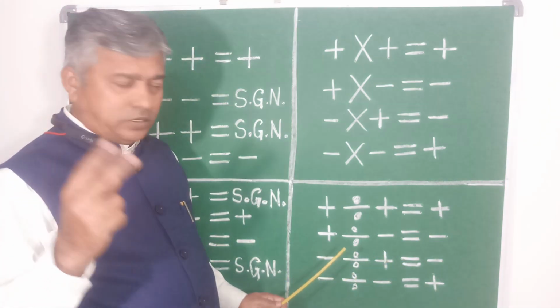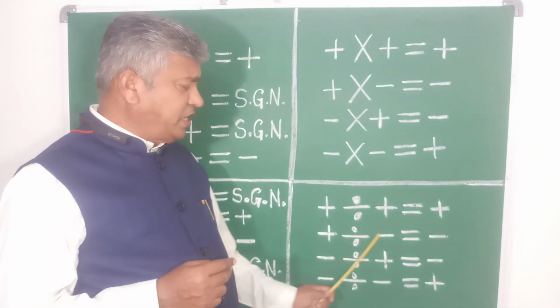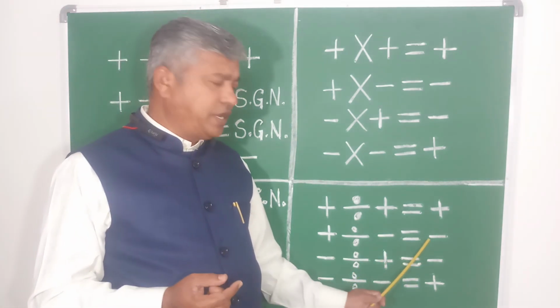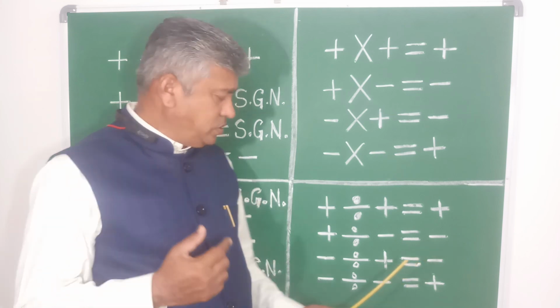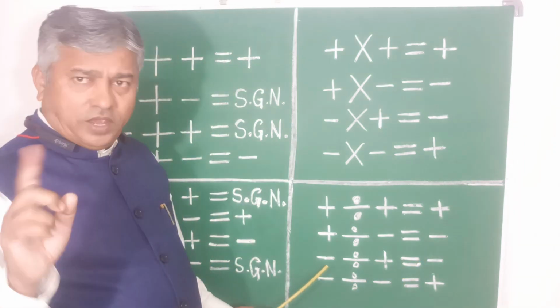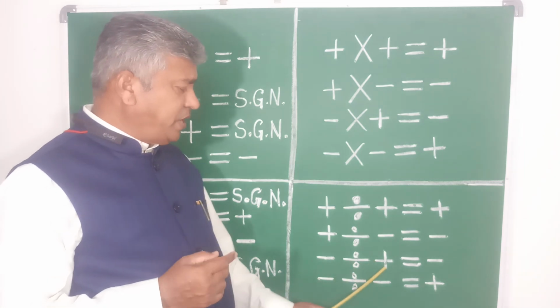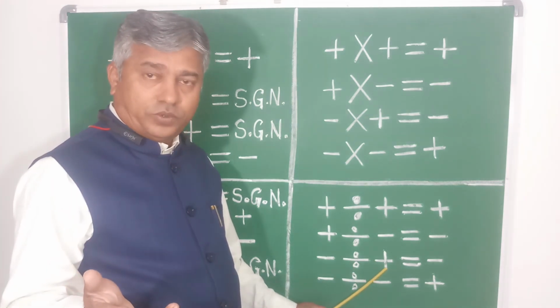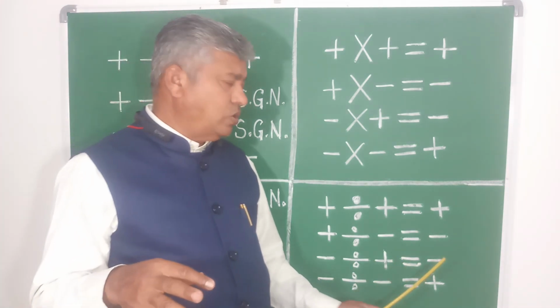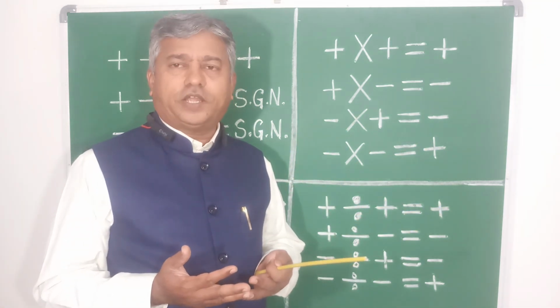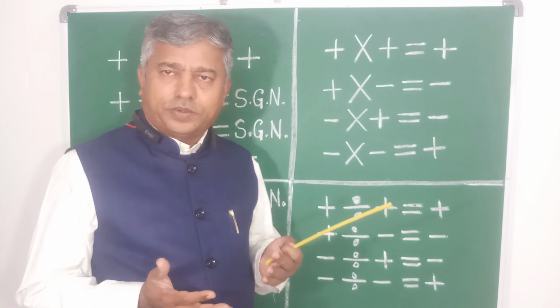And second, positive divided by negative, then we get the answer in a negative form. In the same way, third one, the negative divided by positive also becomes a negative number. We get the answer in the negative form.